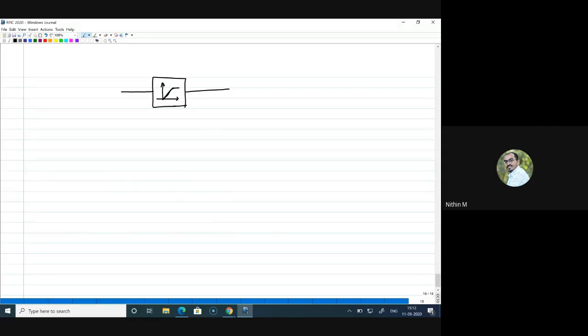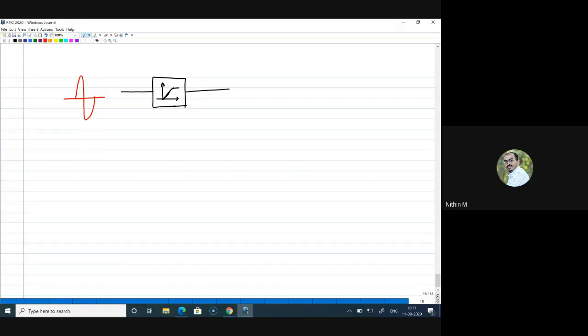So if you are providing an input signal which is large enough, or if you are increasing the amplitude of your input signal, then the system will not be able to operate in the linear segment of the graph. The system will move away from the linear part. That means it will actually move towards the nonlinear part of the graph, and that results in your output signal.